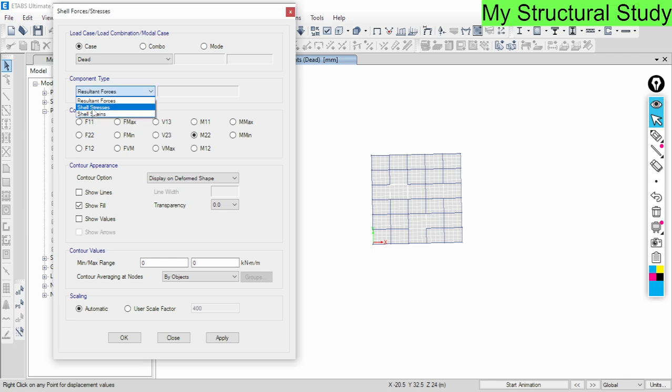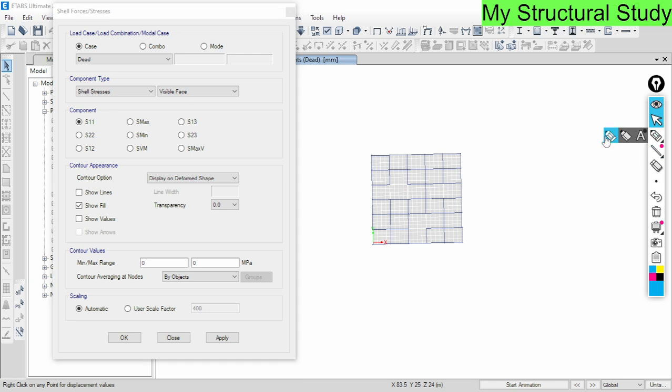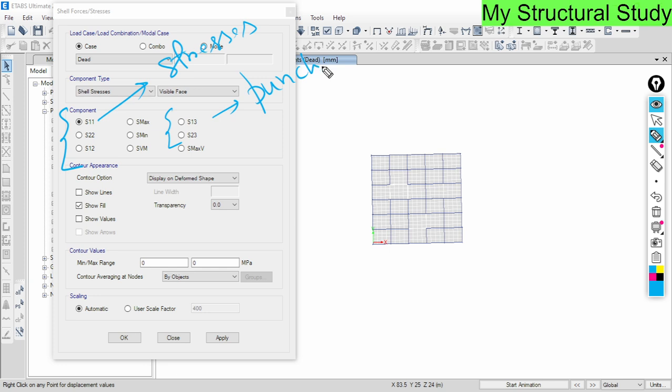If we go to the shell stresses, here also S11, S22, S12, S13, S23, that is the stresses. These are the punching shear stresses.